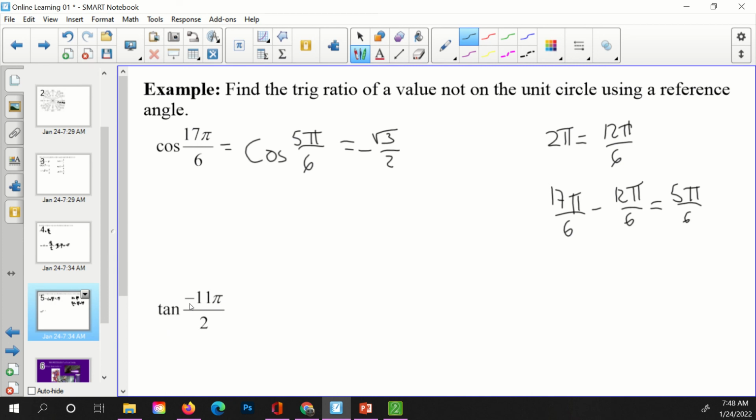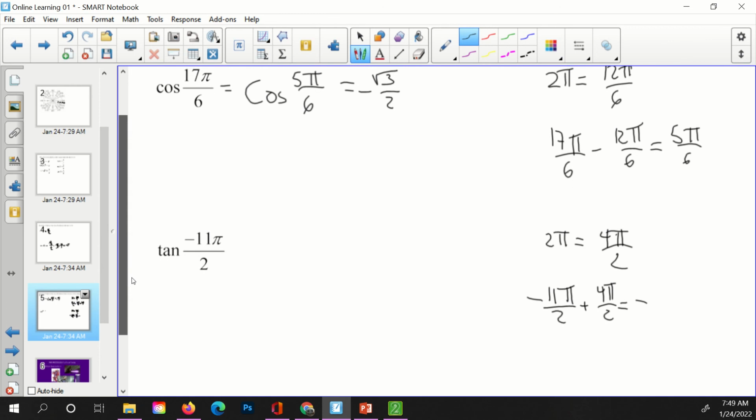Finally, the tangent of negative 11 pi over 2. Okay, well, we can do that. And again, remember that 2 pi is equal to 4 pi over 2. So negative 11 pi over 2, well, let's see here. If I add 4 pi over 2 to that, I'll get negative 7 pi over 2.